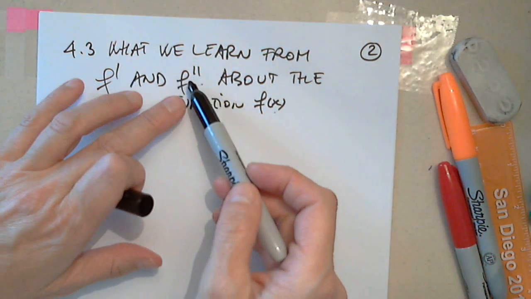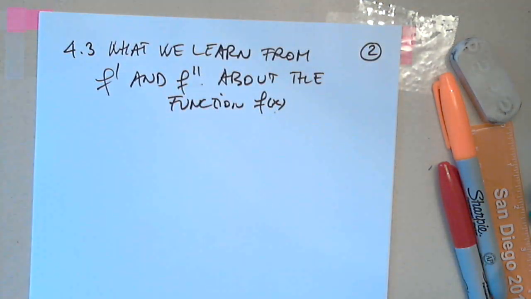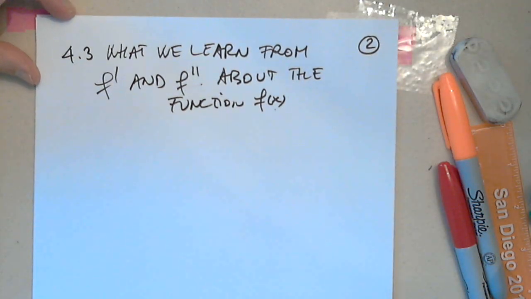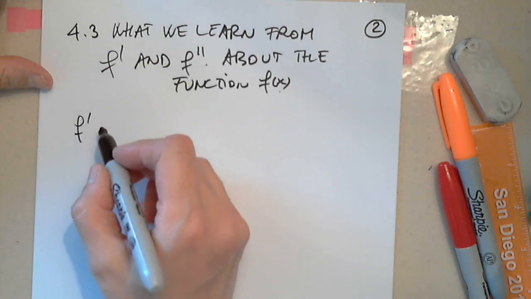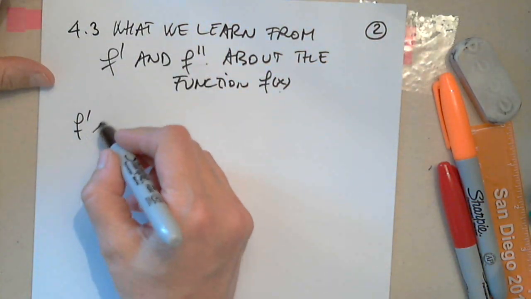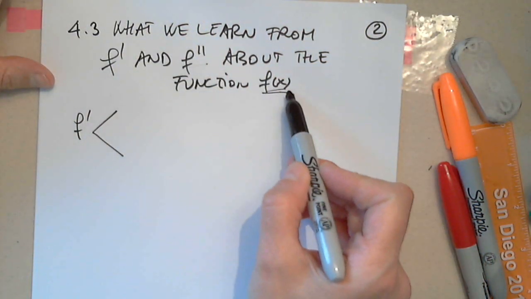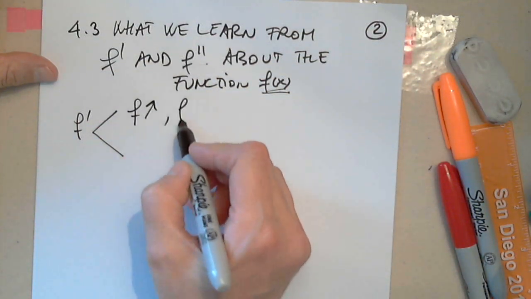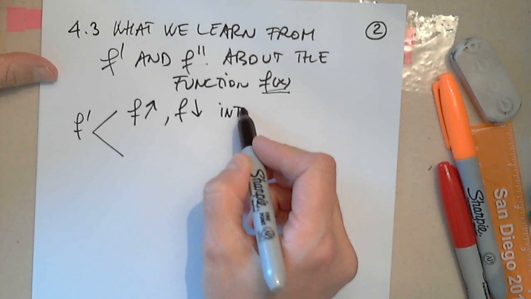The first derivative and the second derivative don't affect the graph. We learn something from them about the graph. So I disagree with that definition. Okay. I would like us to just remember what we learned about the first derivative. So the first derivative we know teaches us or shows us about f of x what? Number one, increasing or decreasing intervals.